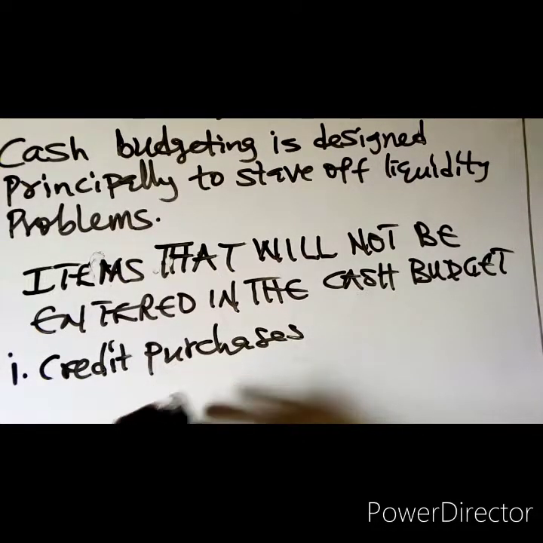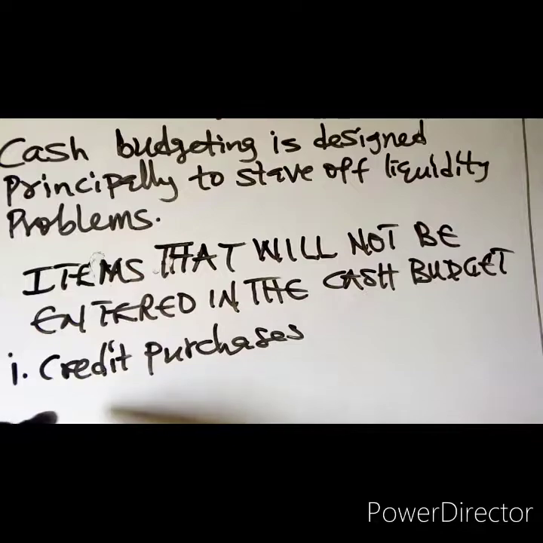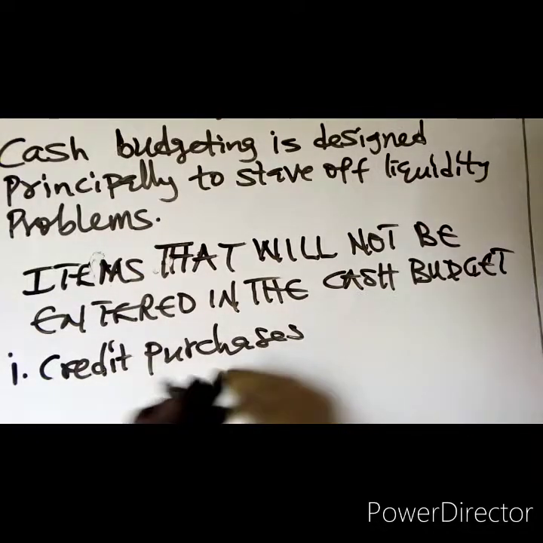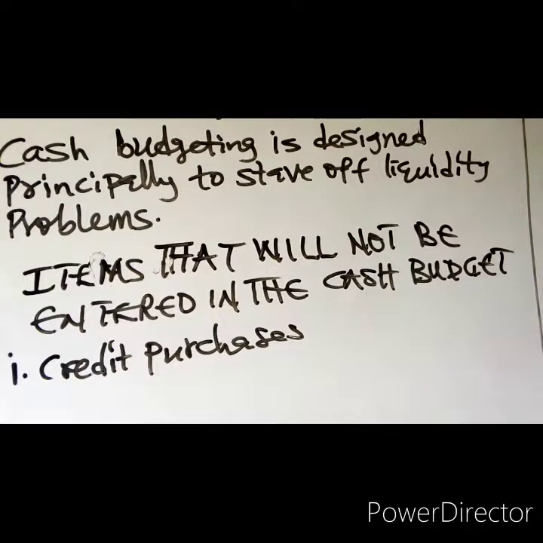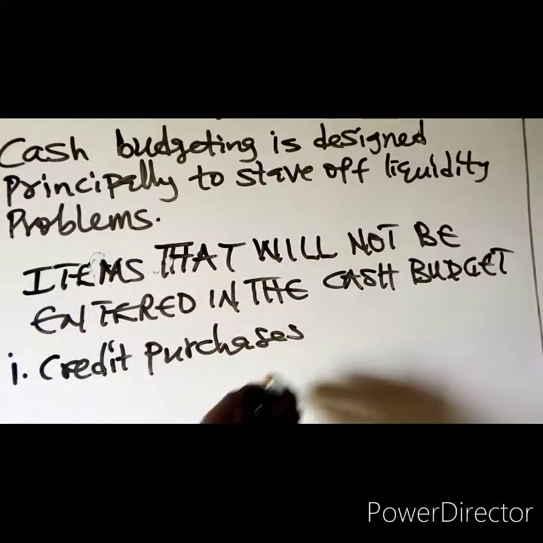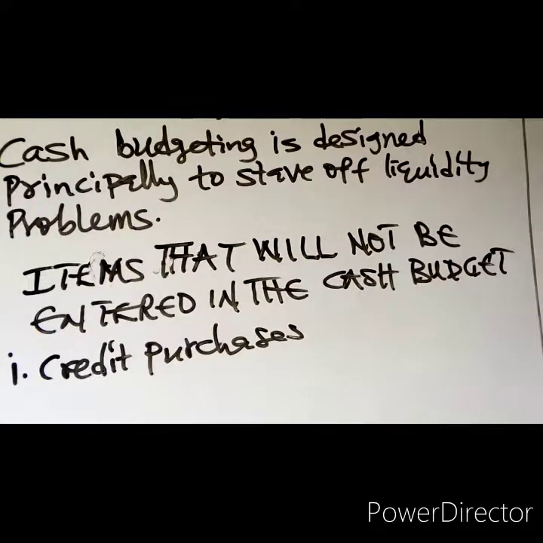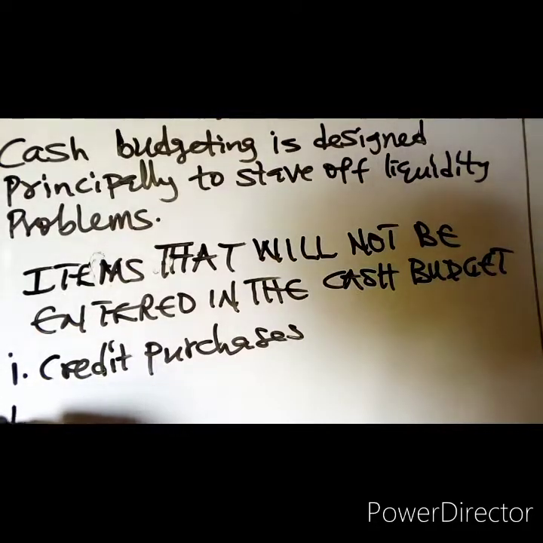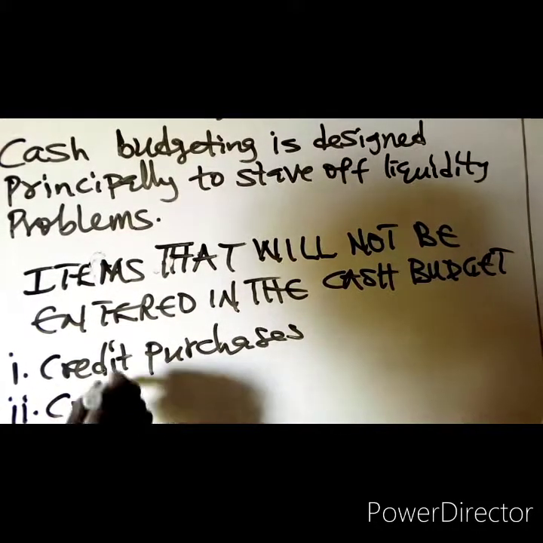Revenue should be recorded when it is received, and expenditure will be recorded when it is paid in the cash budget. Non-cash items should not be entered in the cash budget. So credit purchases should not be recorded until cash is paid for them. Number two, credit sales.